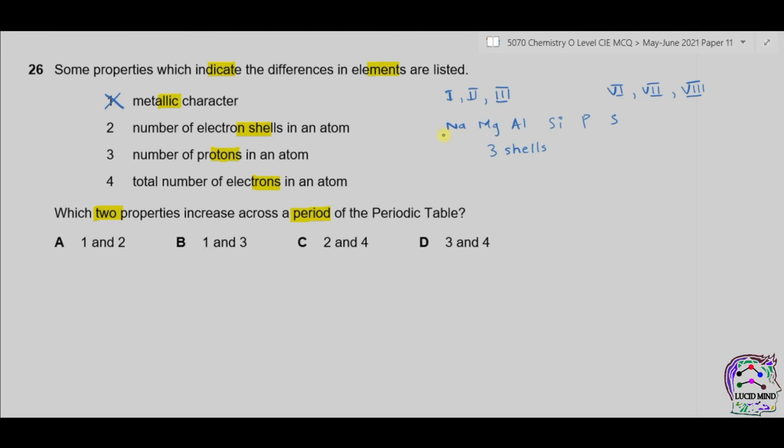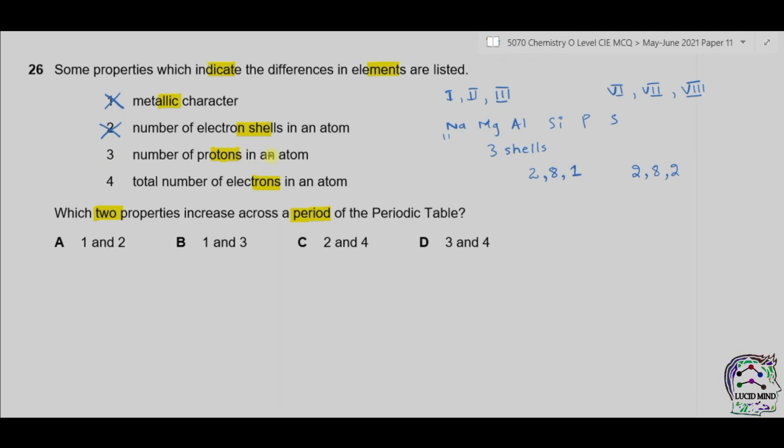For example, the atomic number of sodium is 11. 2 electrons are present in first shell, 8 electrons are present in second shell, 1 electron is present in third shell. So we have 3 shells. For magnesium, the atomic number is 12. 2 electrons are present in first shell, then we have 8 electrons, and then we have 2 electrons. So again 3 shells are present. Number of shells remain constant.